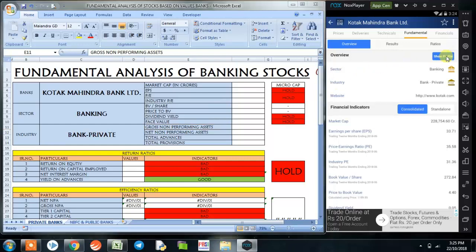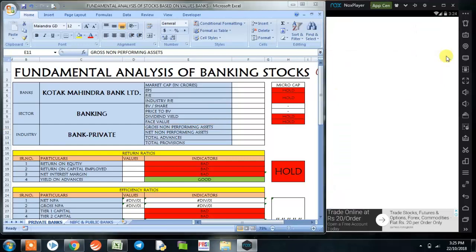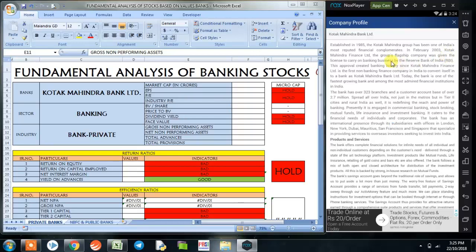Now let's understand about the bank. So we click on the show profile tab. The Kotak Mahindra Bank was established in 1985 by the Kotak Mahindra Group. And the bank has over 323 branches and a customer account base of over 2.7 million. So that was about the bank.